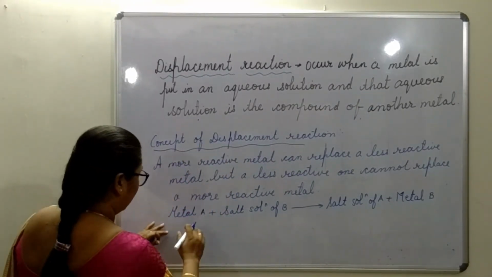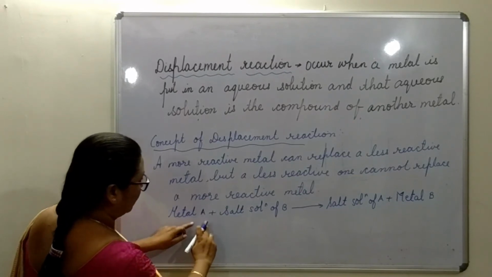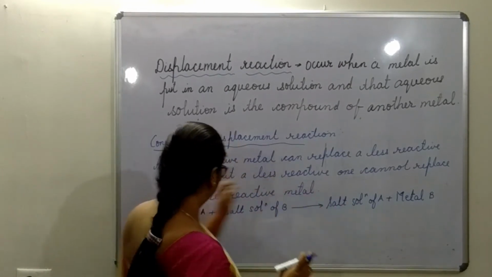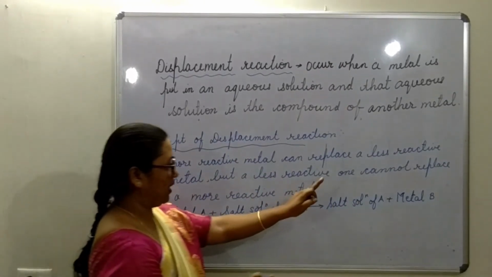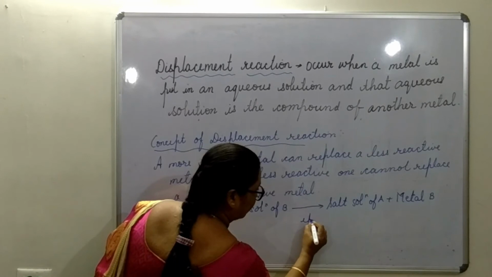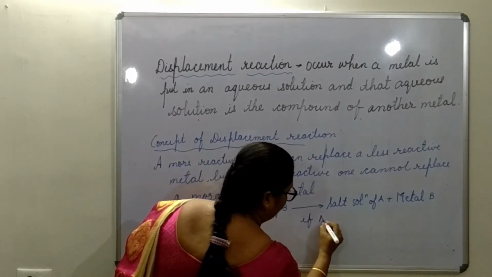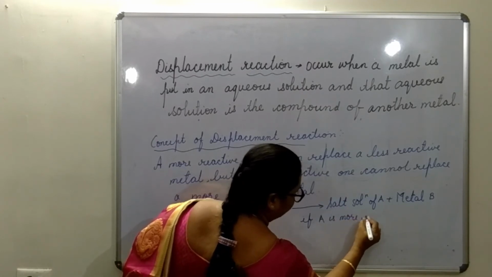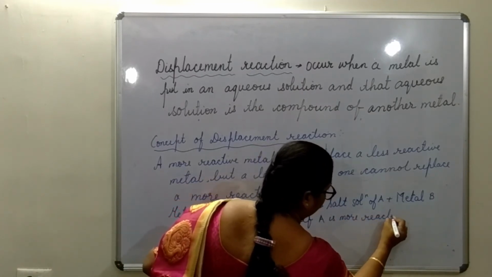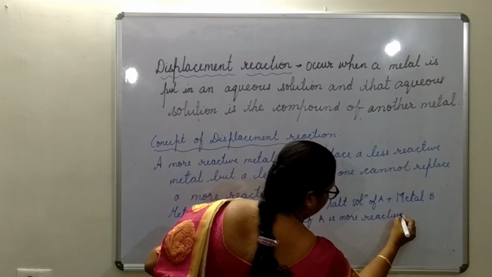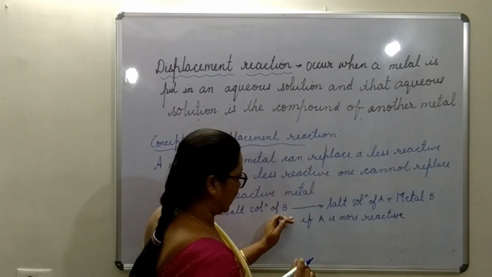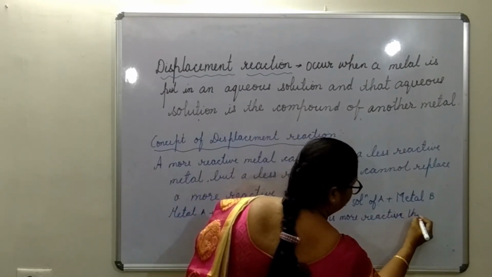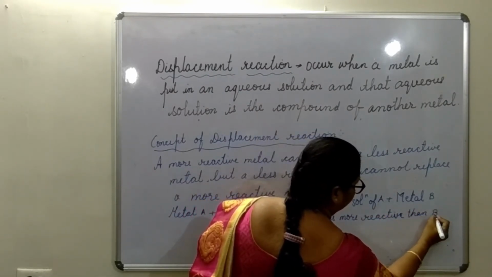So when metal A reacts with the salt solution of B, salt solution of A plus metal B is formed. The condition will be satisfied if and only if A is more reactive than B.